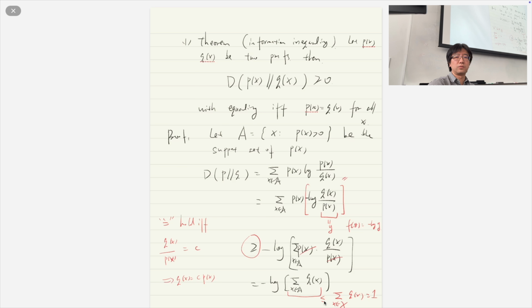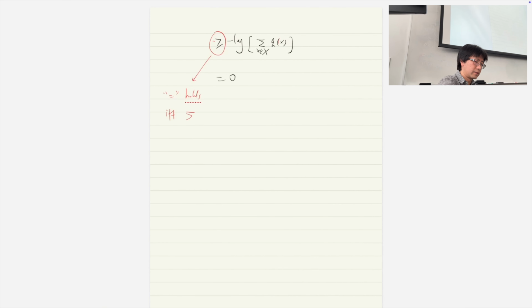So this holds if and only if the sum over x in A of q(x) equals the sum over x in X of q(x). I said something wrong: it doesn't mean that the size of A and the size of X are the same, but it basically means that for something that is in X but not in A, the probability of that with respect to q will be equal to 0. So we know this has to be equal to 1.